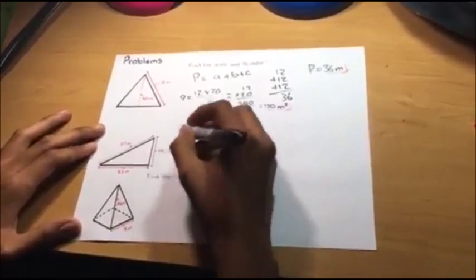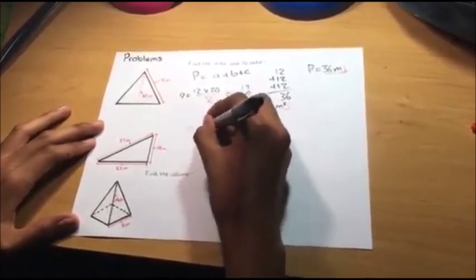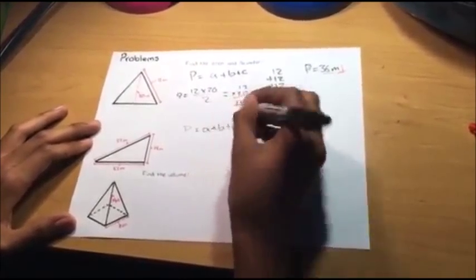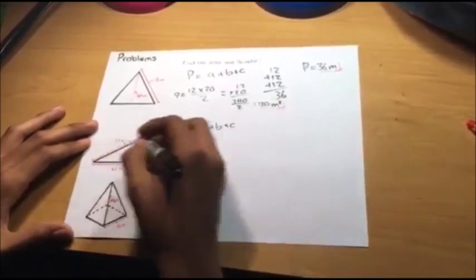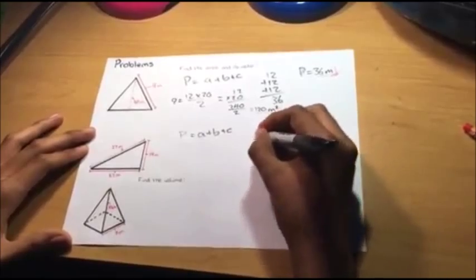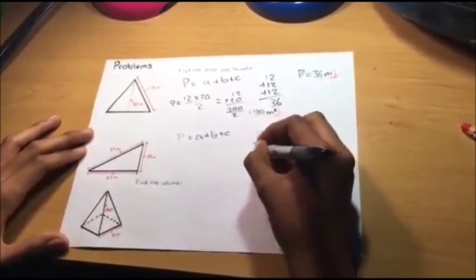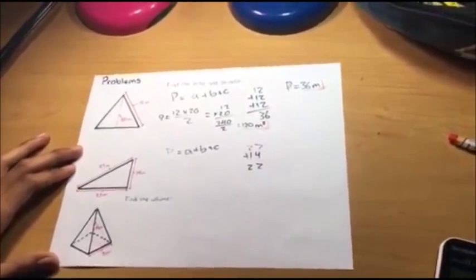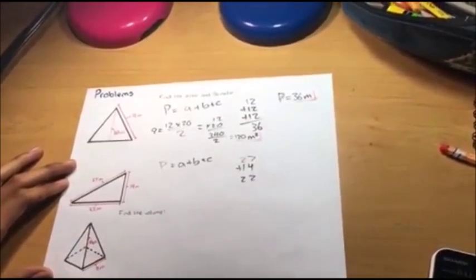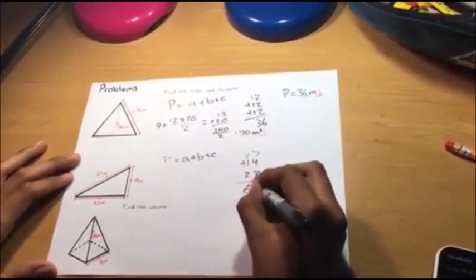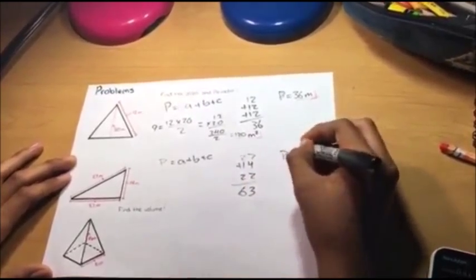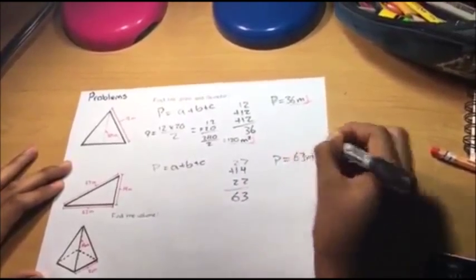For this, the perimeter is P, which was A plus B plus C, but here we have 3 different sides, so we add them all. 27 plus 14 plus 22, and this gives us 63. So 63 is our perimeter, 63 meters.